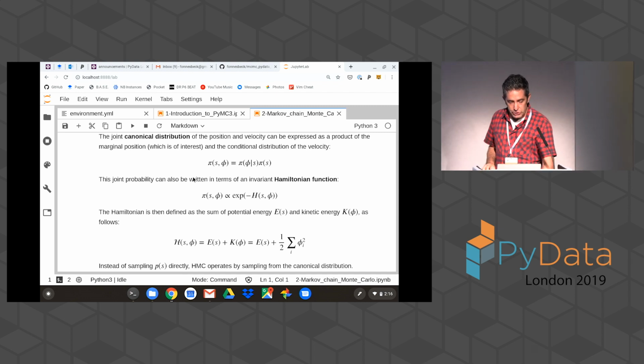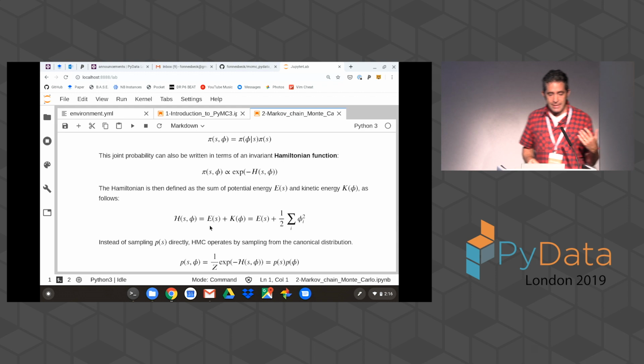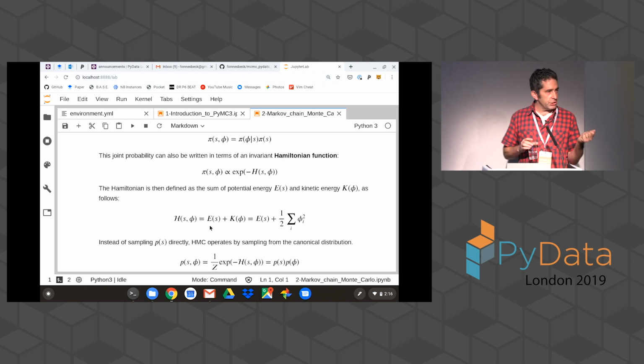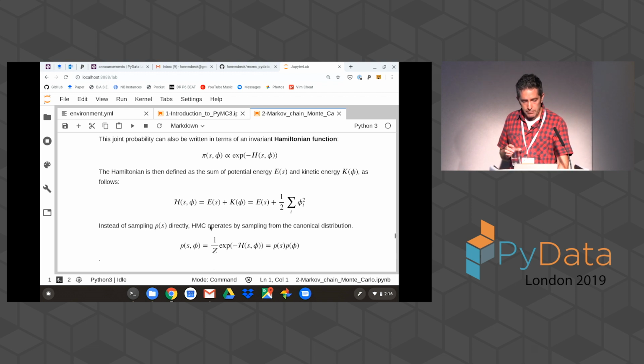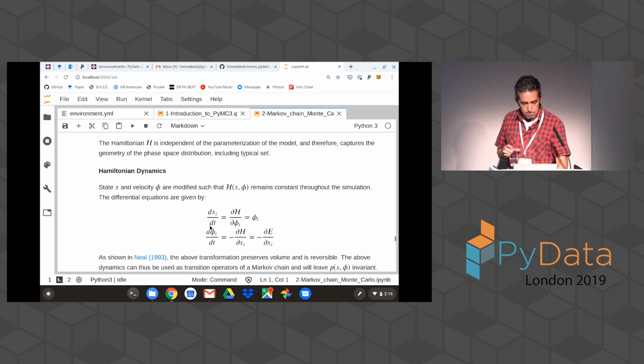The Hamiltonian is just this: the total energy of your system is your potential plus your kinetic energy, or your position and your velocity. Your position will be the point that you're interested in, and the velocity will be just an auxiliary variable that we throw away.